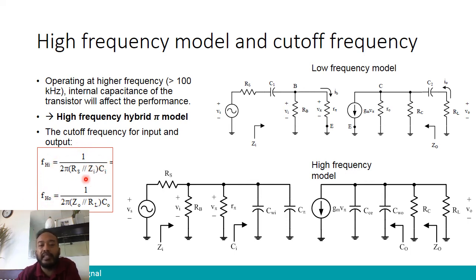So you can calculate the cutoff frequency below which the amplifier should work properly. It has a formula, so it needs your RS, your Z and C input. Here it is going to need the ZO and CO of the output.